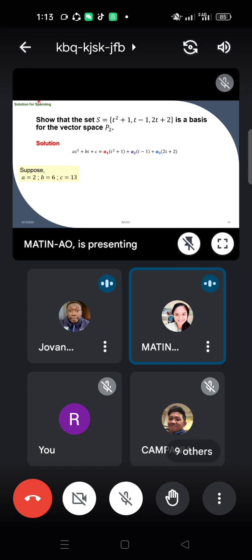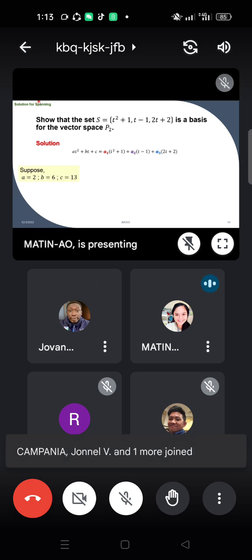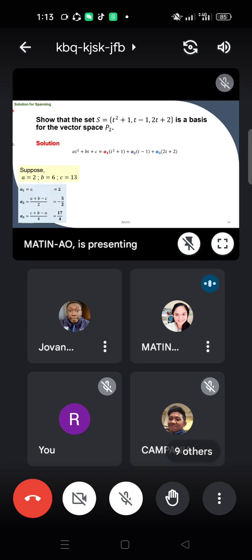linearly dependent. Okay. So first, the spanning. Suppose that a is equal to 2, b is equal to 6, and c is equal to 13. So we can compute the scalars from the previous computation, right? a sub 1 is equal to a, which is 2, so therefore a sub 1 is equal to 2.